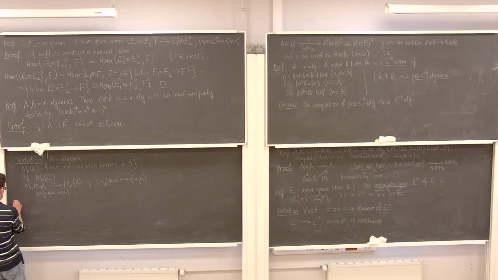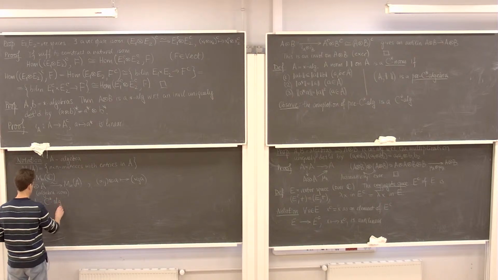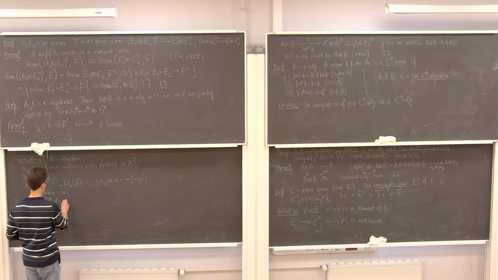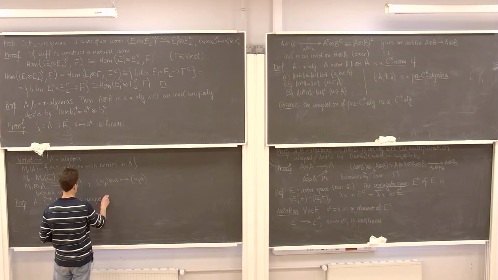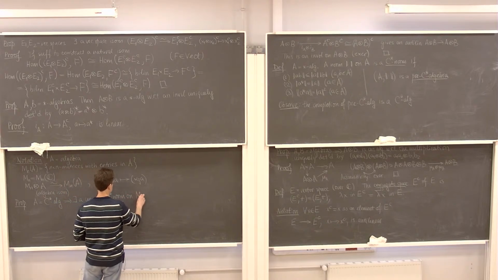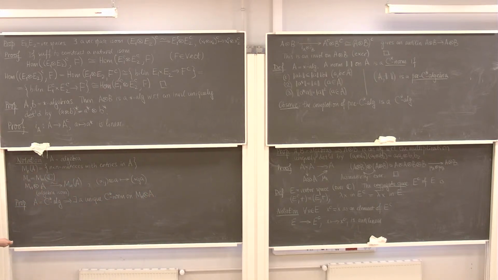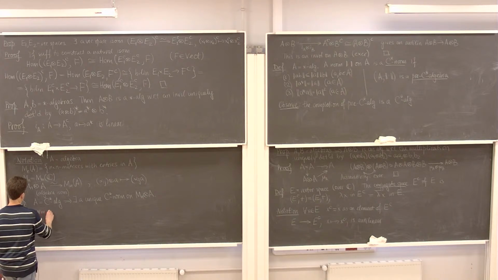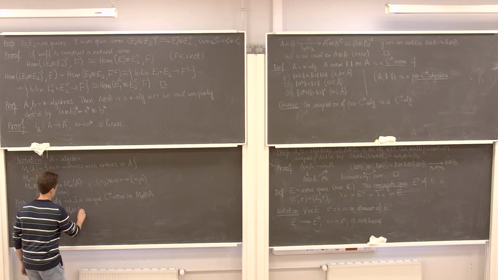So now we have the following proposition. If A is a C-star algebra, then there exists a unique C-star norm on the tensor product Mn tensor A. And this norm makes the tensor product Mn tensor A into a C-star algebra.